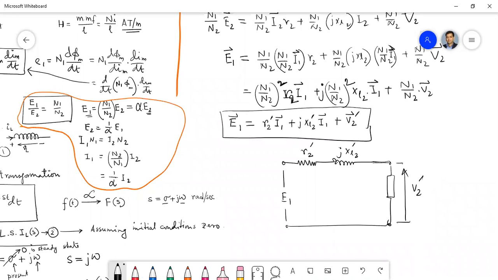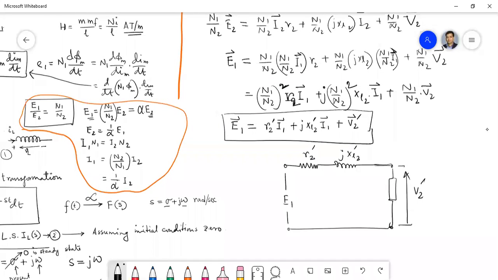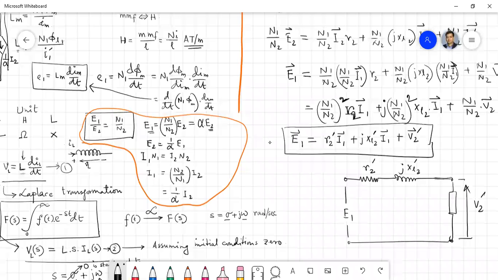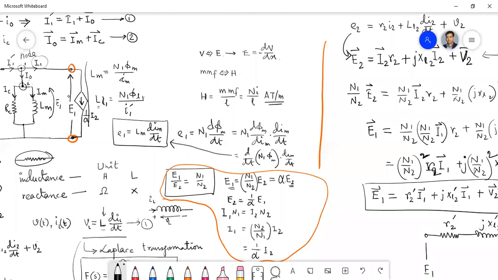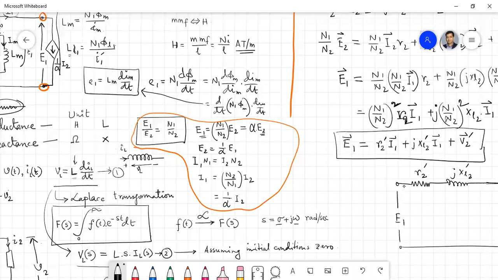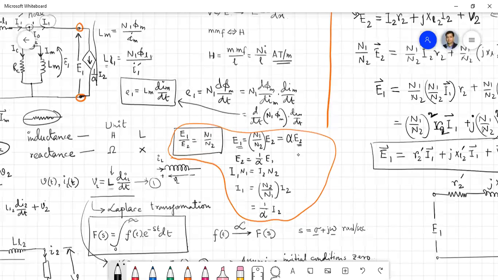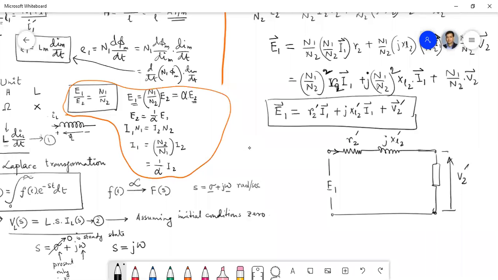Now you just see these two circuits: the circuit of the modified secondary and the circuit of the primary. At the output of the primary you have E1, and in the modified circuit we have E1 at the input. At the output you have the current I1, and here also the current which will flow through these elements is I1.